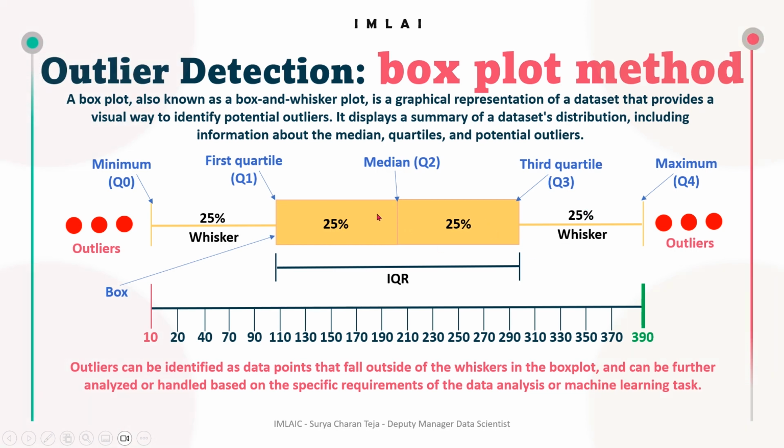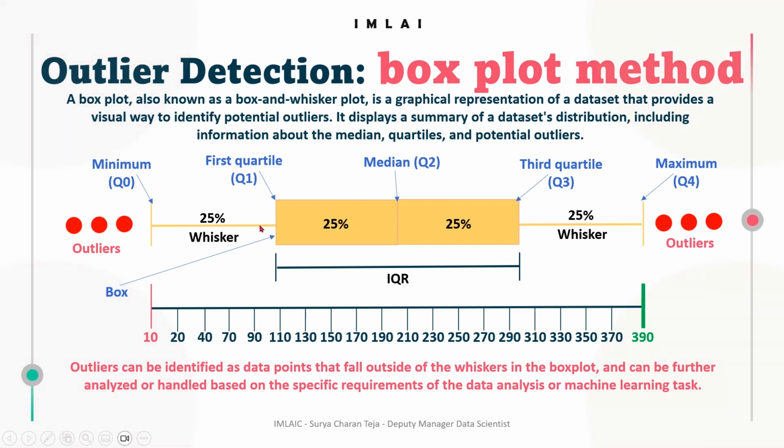Let's draw a vertical line inside the box. This vertical line divides the data into two halves, with 50% of data lying on the left side of this center line and the other 50% on the right side. That's why it's called the median.